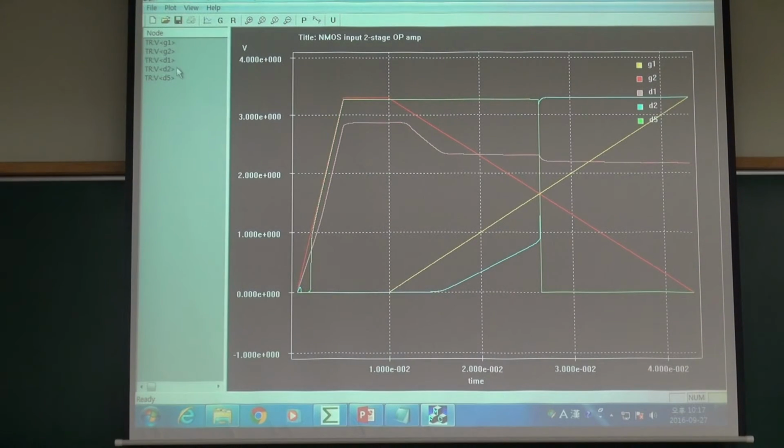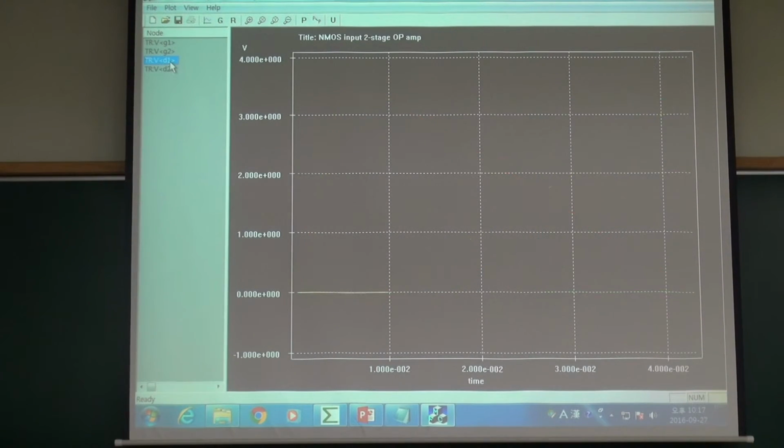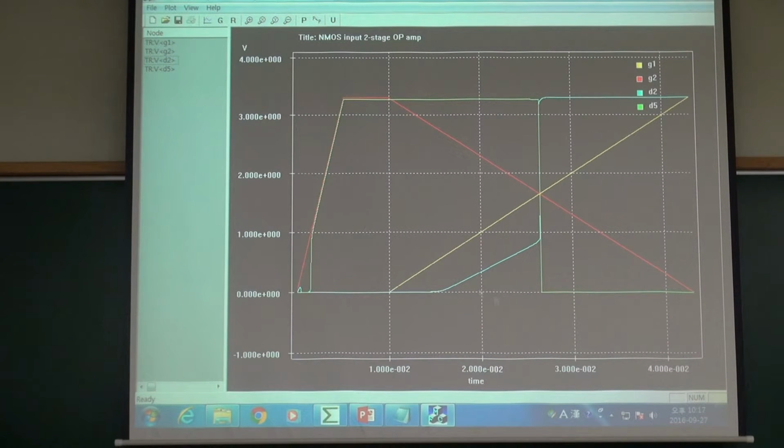My G1, this yellow one, changes from 0 to 3.3. My G2 changes from 3.3 to 0. And my D2, which is the first stage output, is this cyan color.